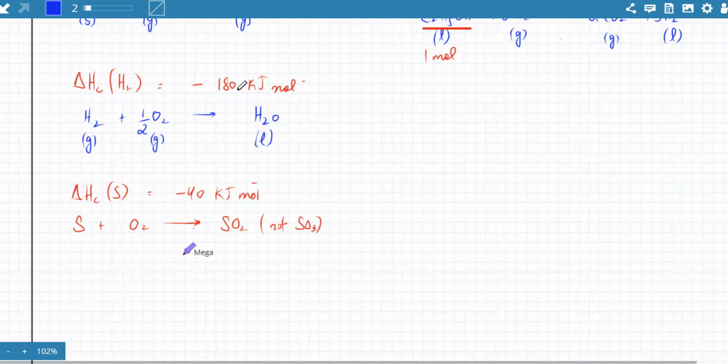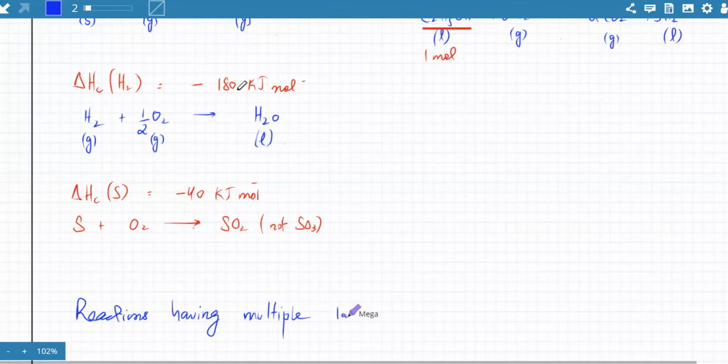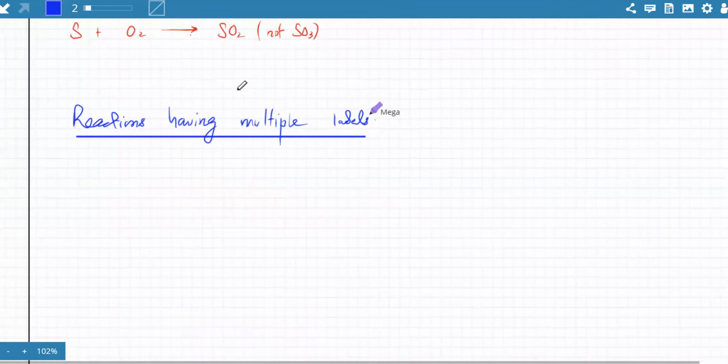Now, there would be certain reactions that are going to have multiple labels. For the same reaction, you can have multiple labels. So you can classify things in multiple ways.